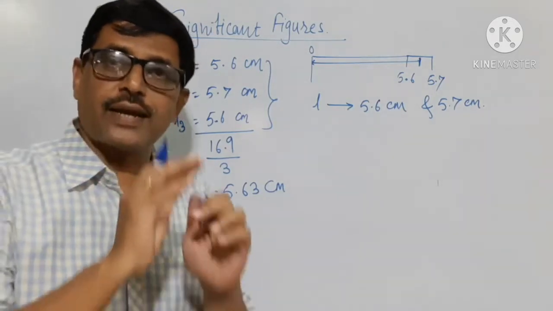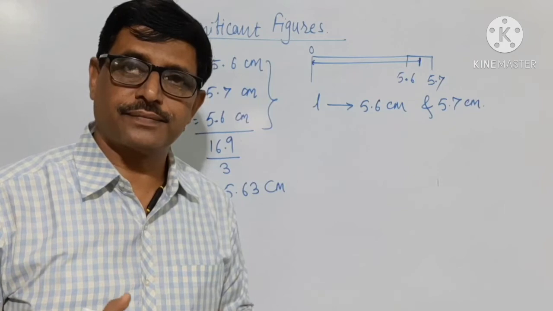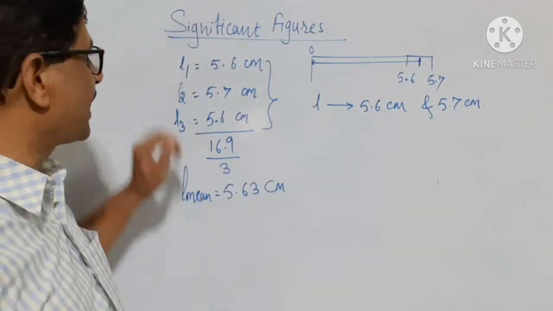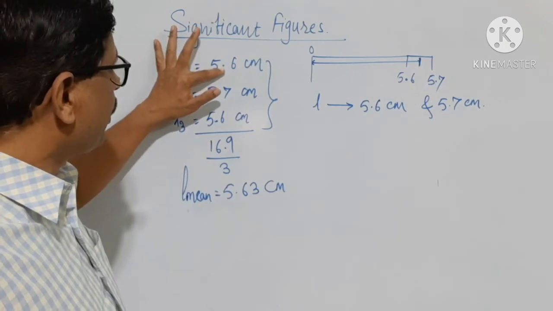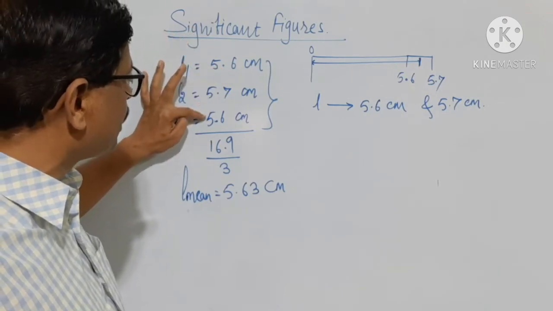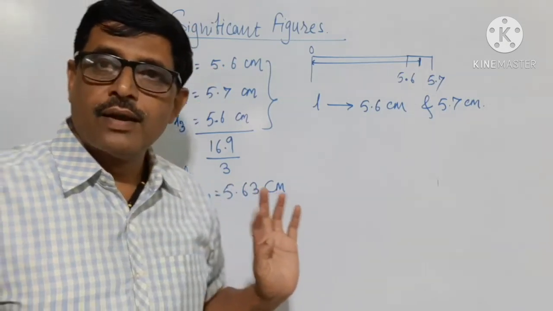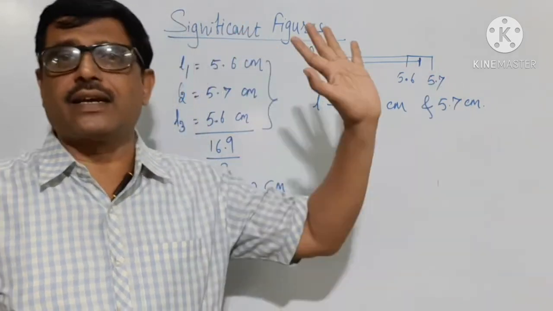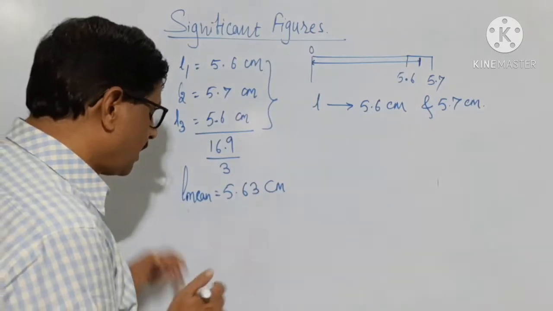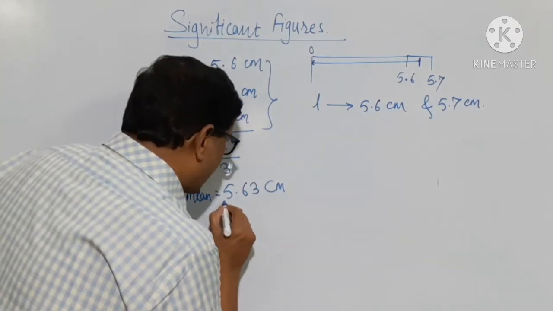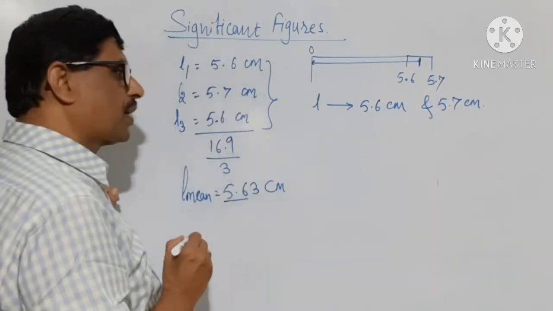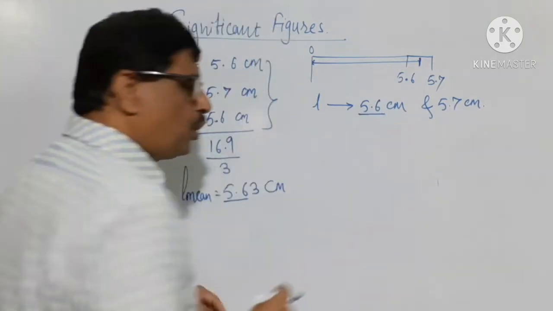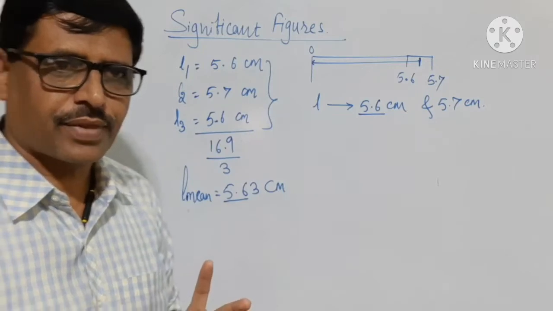Now, the question arises: with the help of the scale, I got 5.6, 5.7 or 5.6. From all three observations, one thing is very clear. The certain value of the length of the cap is 5.6. There is no doubt about this.